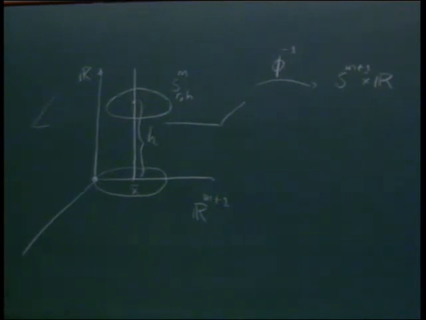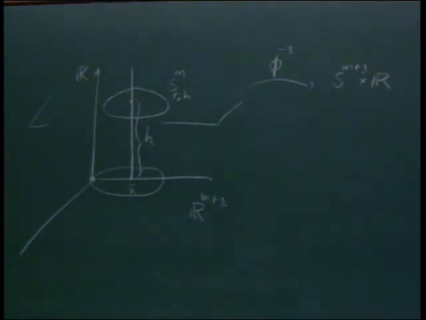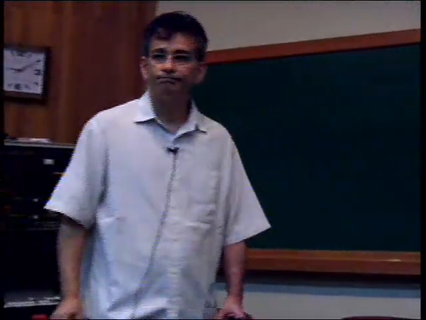And my claim is that such maps are the representatives of all congruence classes of umbilical submanifolds in S^{m+1} cross R.